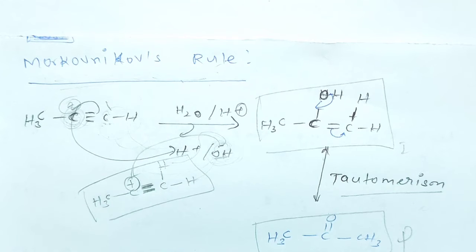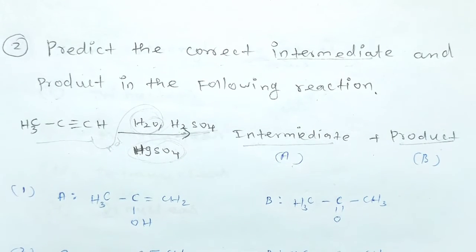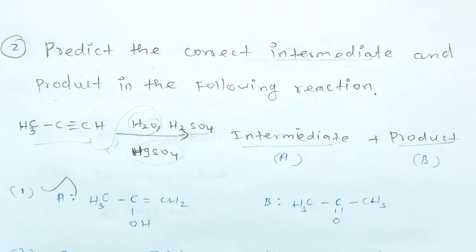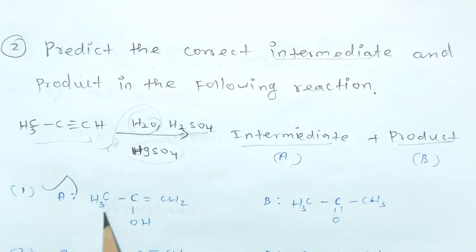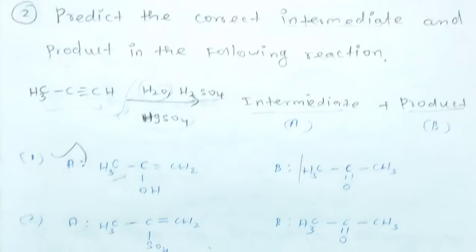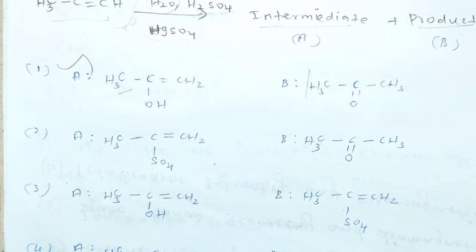These are simple addition reactions. So finally the first option is the answer. The A compound is the intermediate and the B compound is the product. The remaining options 2, 3, 4 are not possible in this reaction.